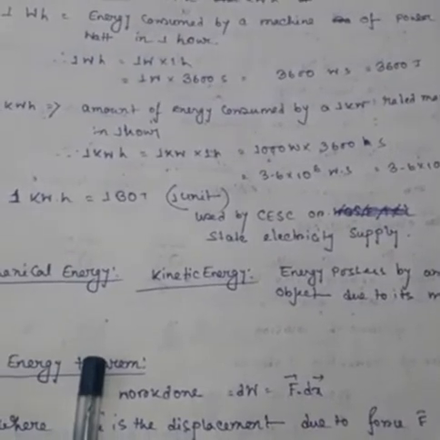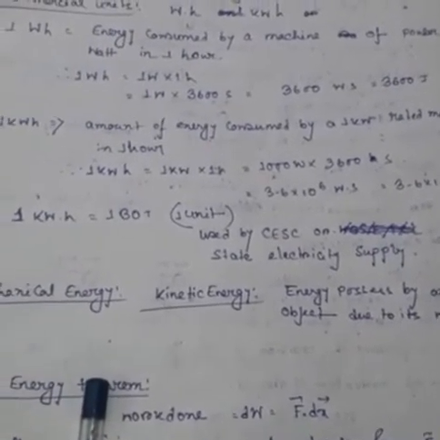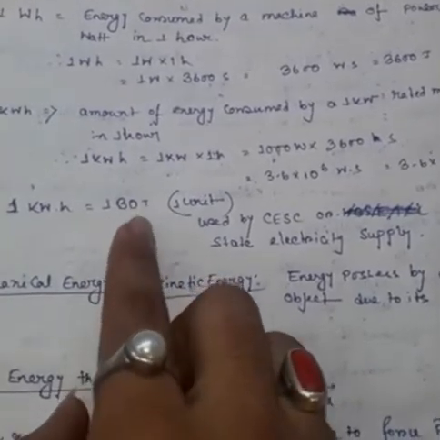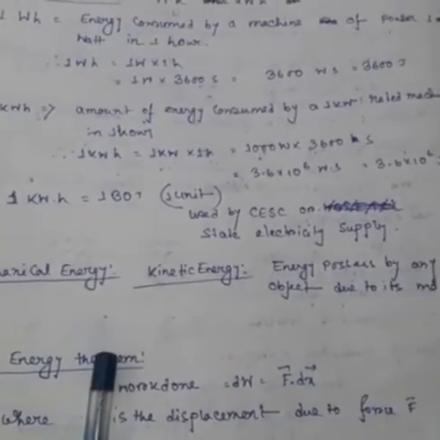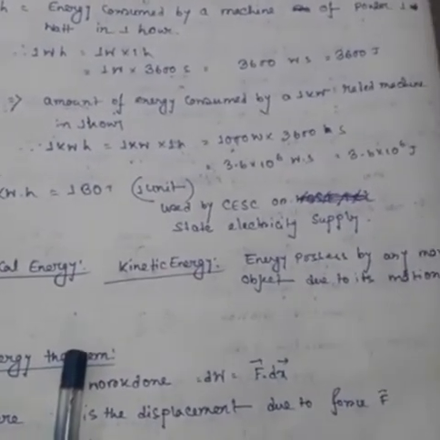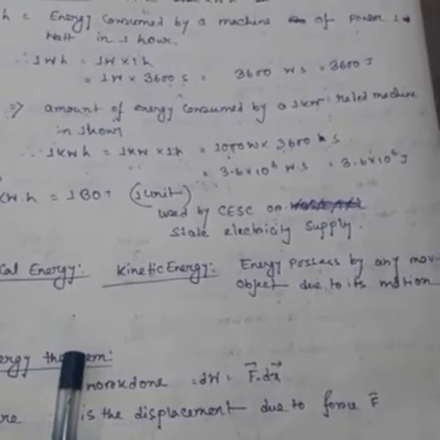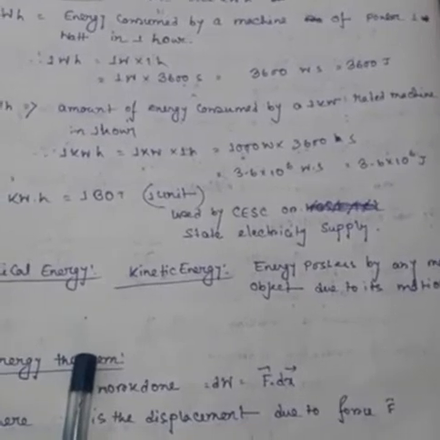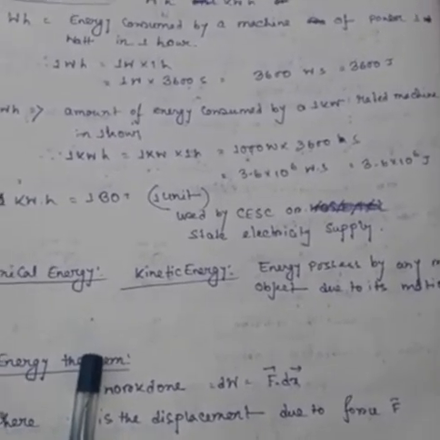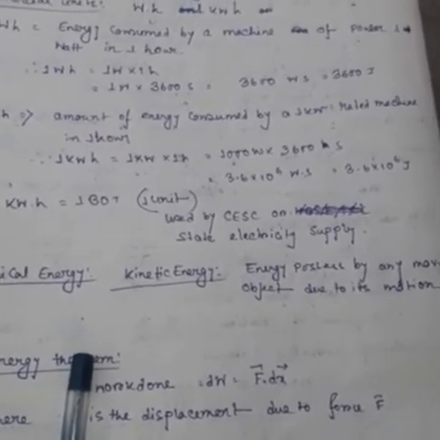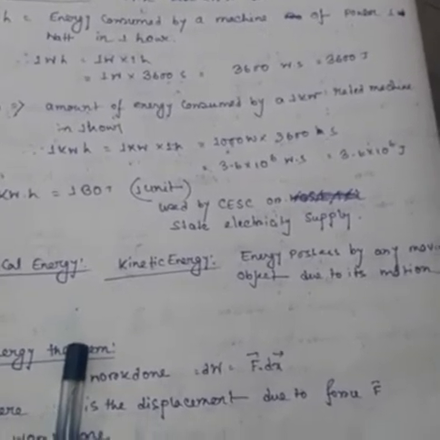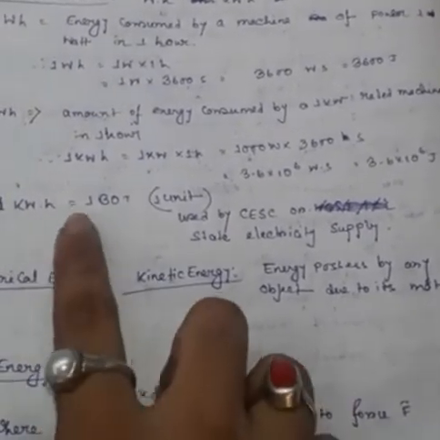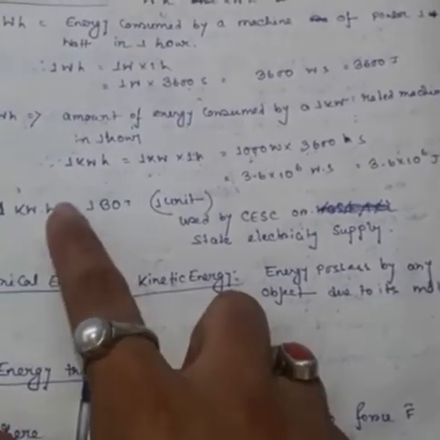Now just keep one thing in your mind: this kilowatt hour is sometimes called the Board of Trade unit, that is BOT, and it is used mainly by CESC or any electric supply board. The unit written in the electricity bill, that the consumed energy is 100 unit or 200 unit, that unit is actually 1 BOT or 1 kilowatt hour.